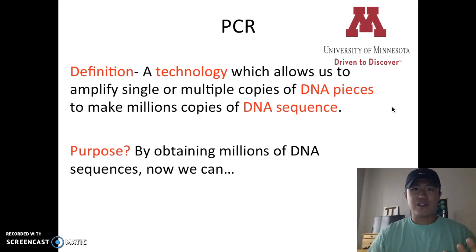When we want to make a bunch, for example, you need a couple of bags of sugar, but you only have one sugar. You have to go to a store to buy four more bags of sugar to cook these cookies. But you can't do that without four other bags of sugar, right? So we need to amplify the same thing for genes or for DNA. We might need, for certain cases, more DNA, so we use PCR to amplify it.